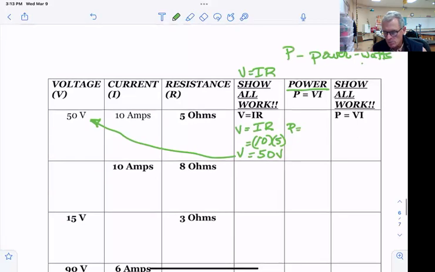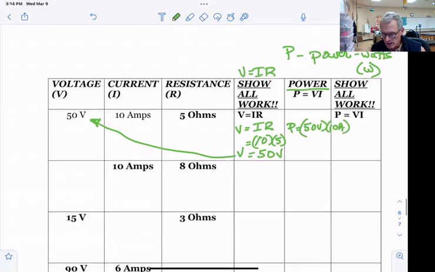Watts are abbreviated W. So this is V times I. V is equal to 50 volts times the current, which is 10 amps. So the power here, P, is equal to 500 watts. It's a lot. That's big, right?